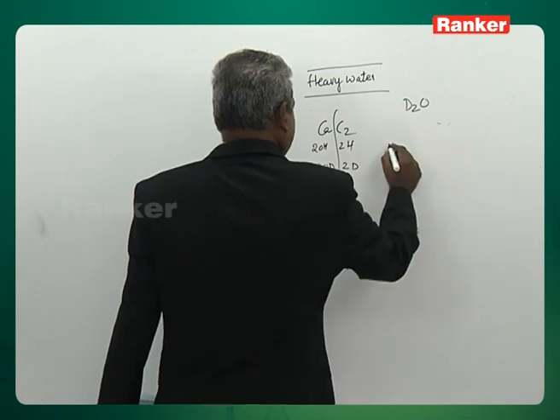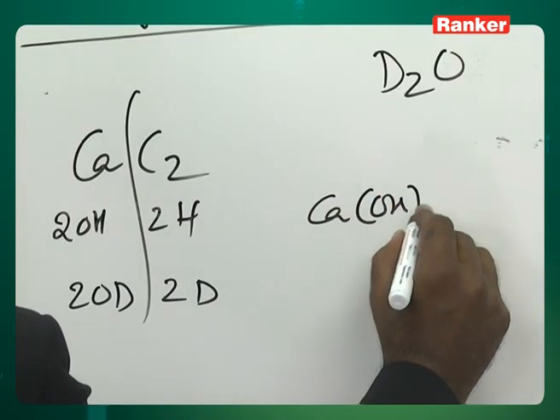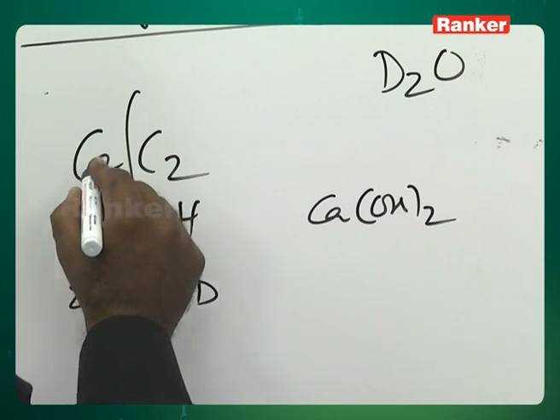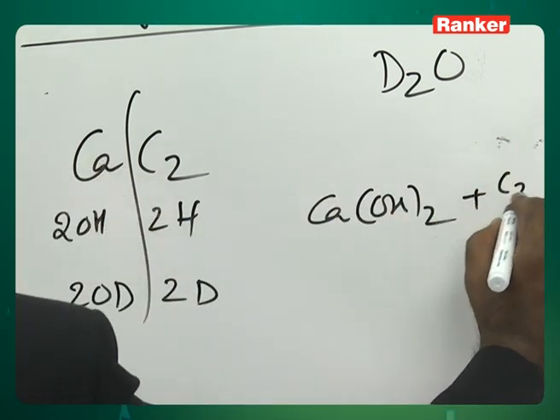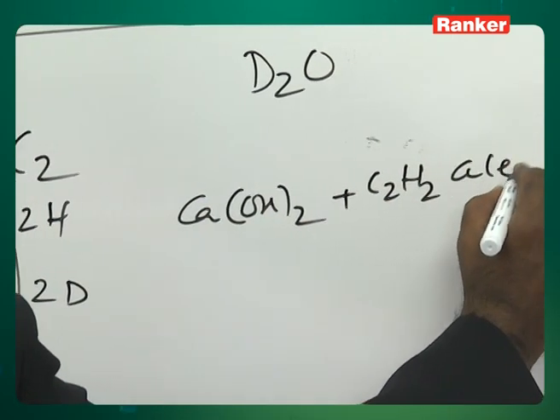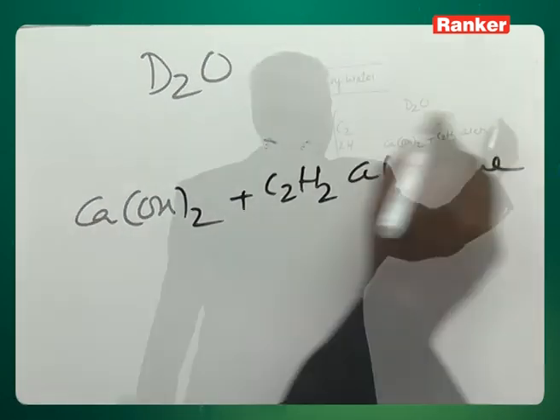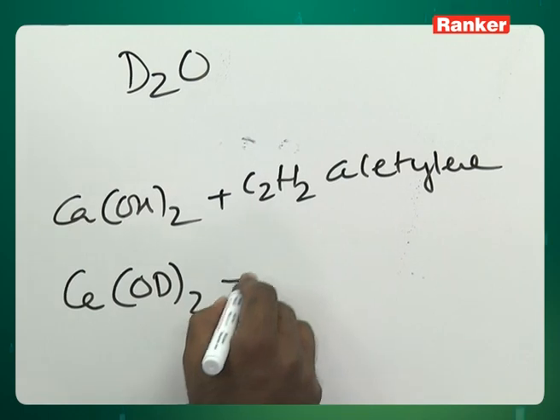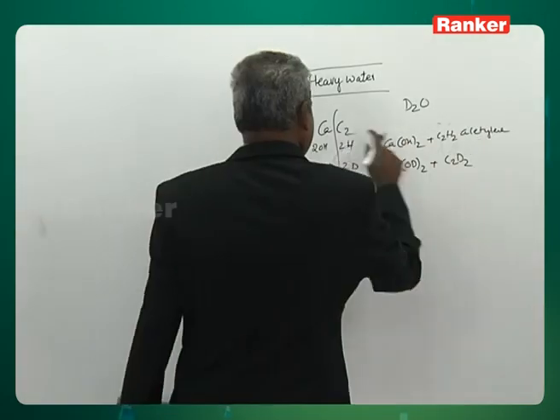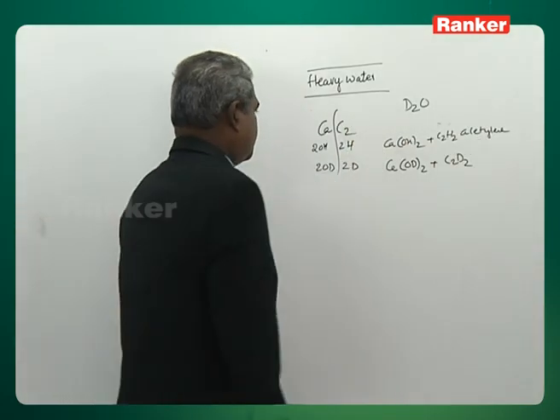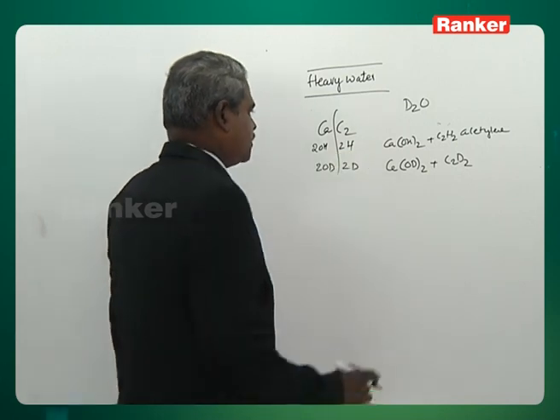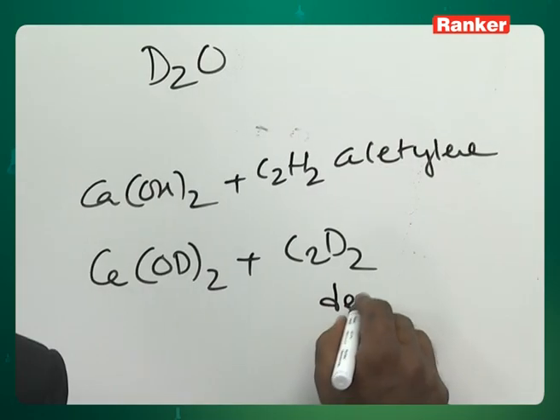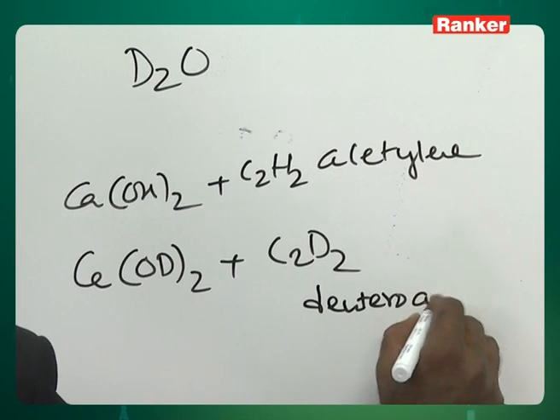So, you get Ca(OH)2, calcium hydroxide, and C2H2, acetylene. Common name is acetylene. Ca(OD)2 plus C2D2. This is hydrolysis, this is deuterolysis. You get deuteroacetylene.